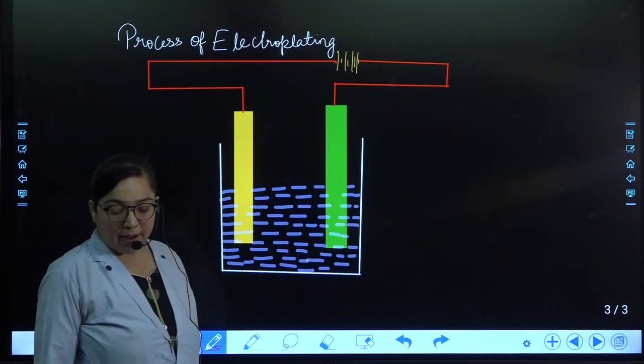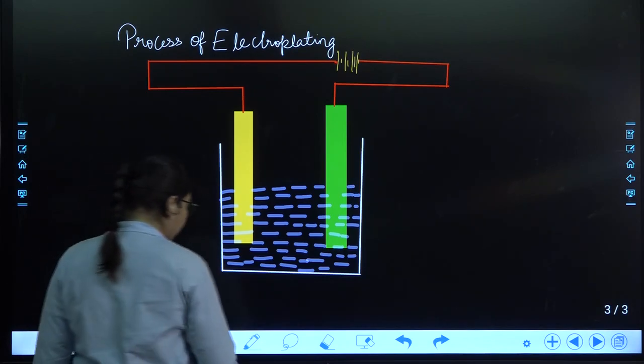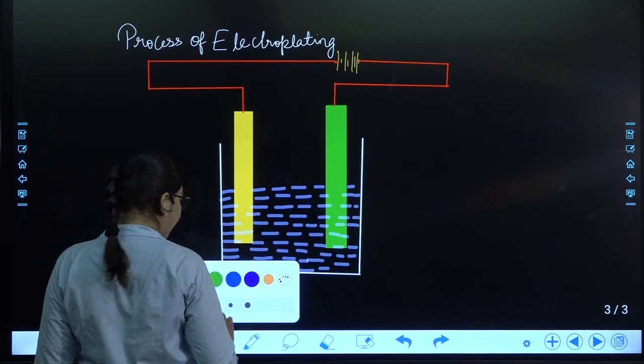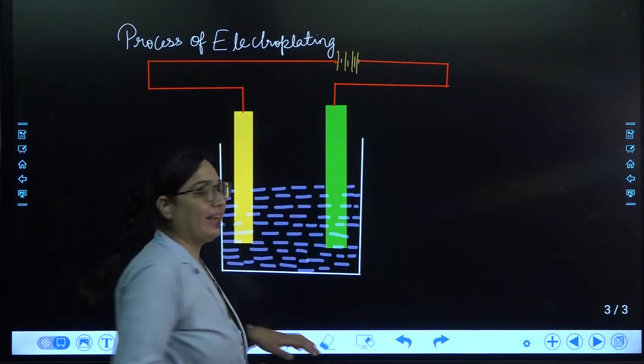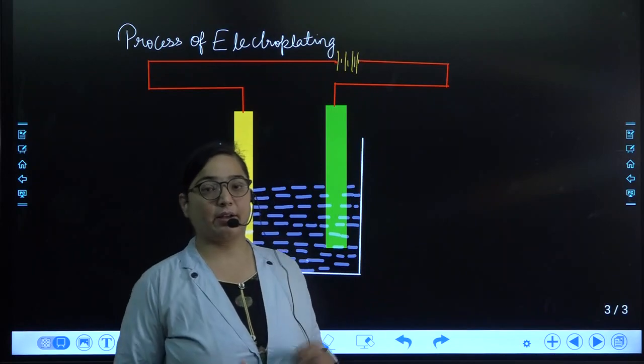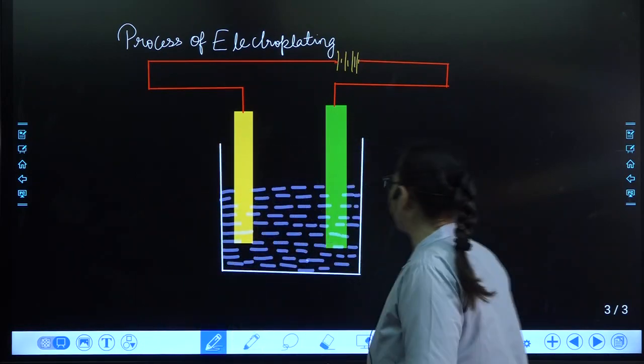Then connect the battery as we have done over here. Suppose let us take one example that we are doing electroplating of copper.